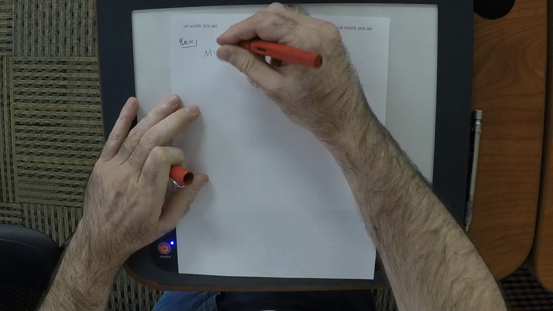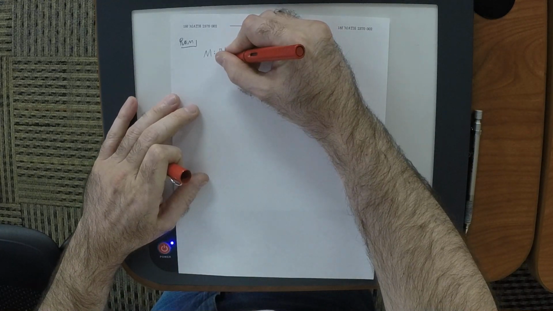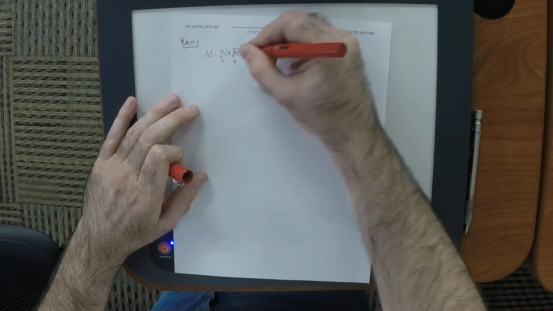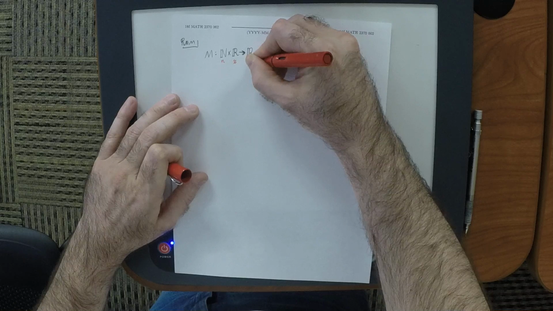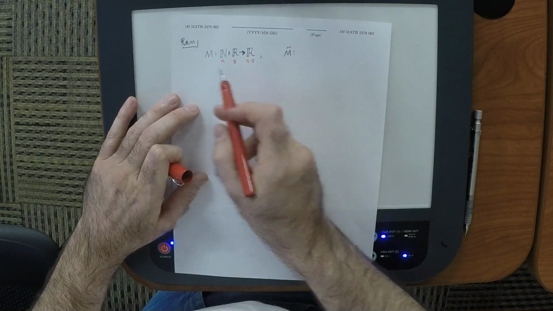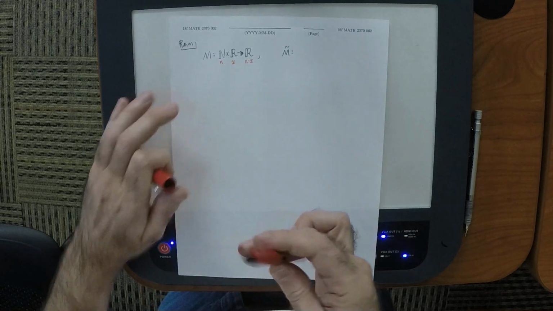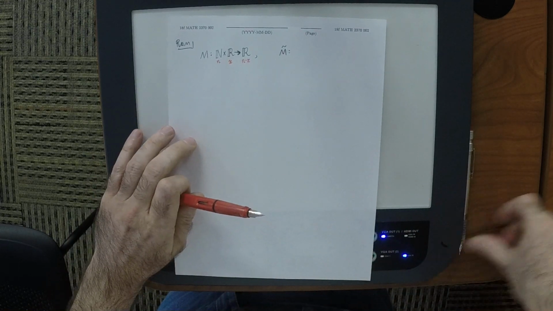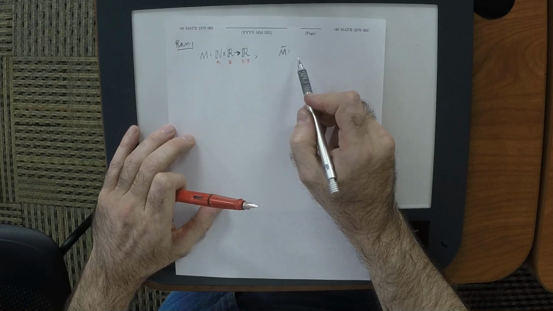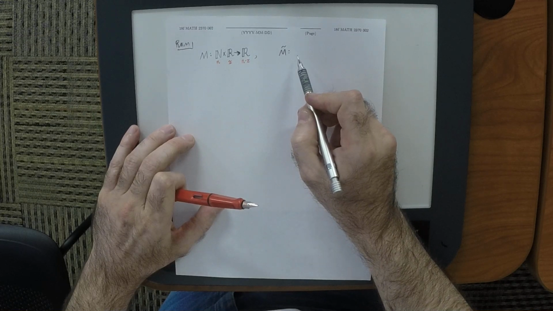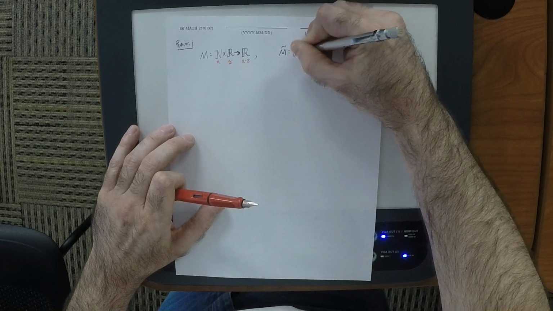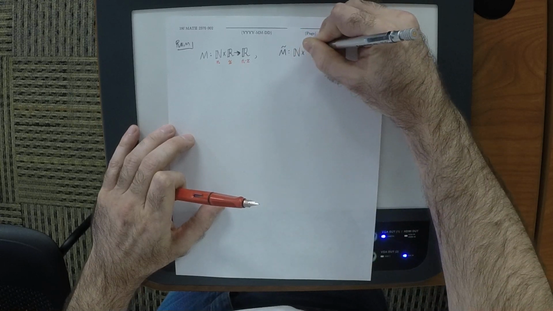So, this right here is going to be n. This one is going to be x. And when all is said and done, this is going to be n multiplied by x. That's what they are conceptually. Okay, what about these? What's going to be the signature? Okay, good. We'll have n cross r.